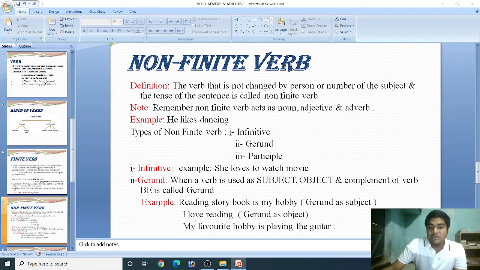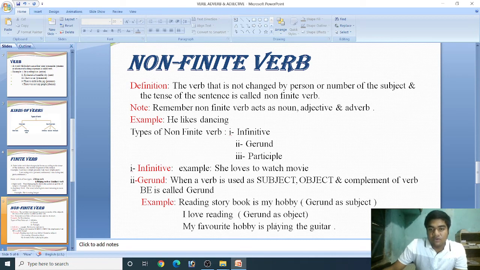I love reading. So love is the main verb and reading is also a non-finite verb, but it acts as object in this sentence. My favorite hobby is playing the guitar. Here you have got the verb is, but playing is another verb, a non-finite verb. So your favorite hobby is playing guitar.